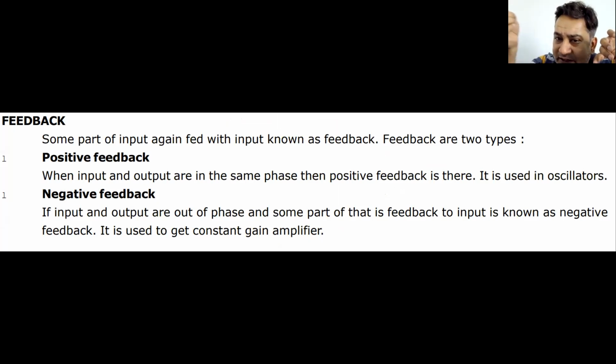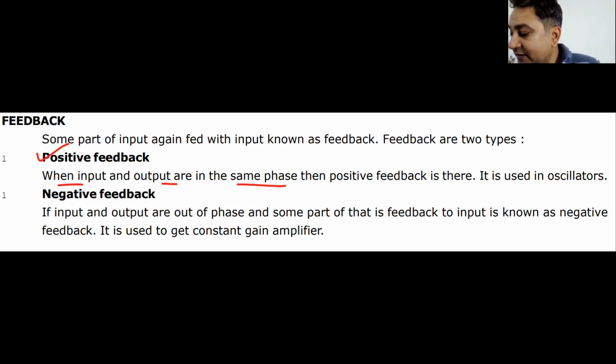So I will take a part of that output and put it back into the input. That becomes a feedback. Yes or no? Yes, sir. A positive feedback. If you give positive feedback for me, the institute people will be happy. When input and output are in the same phase, so I and you are in the same phase, whatever I am teaching you, you are able to understand. That is positive feedback.